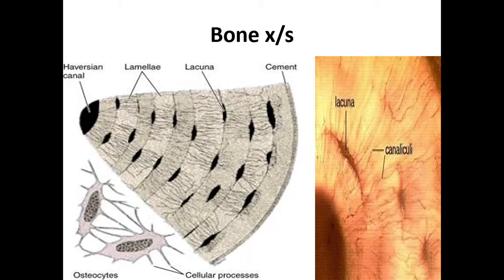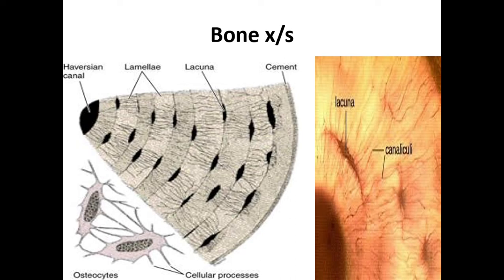So here we have a detailed description of the Haversian canal. At the uppermost, we have the Haversian canal with the concentric layer, the lamellae, and within the lamellae, we have the lacuna, and of course, the membrane which cements together the osteon, the periosteum, and on the lower portion, we have the interconnection of the osteocytes within the lacuna.